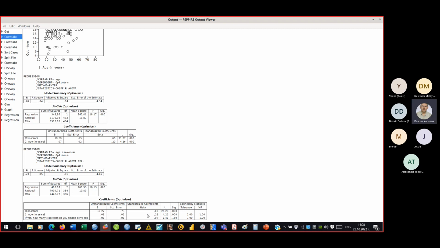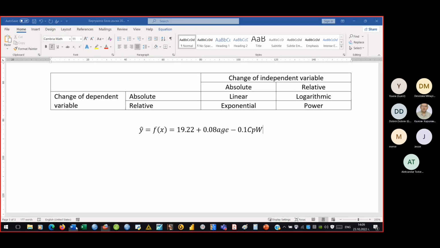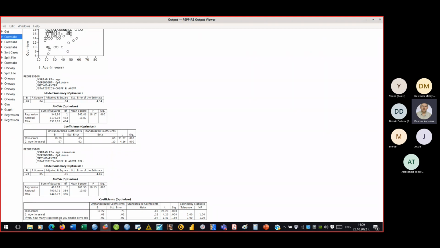And here you can see the standardized coefficients. For age, the coefficient is 0.22. For the number of cigarettes per week, the standardized coefficient is minus 0.07.